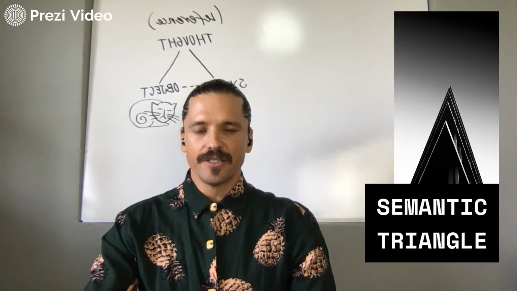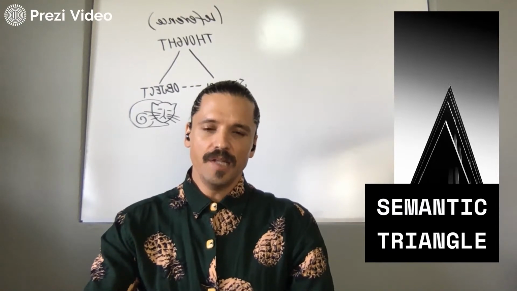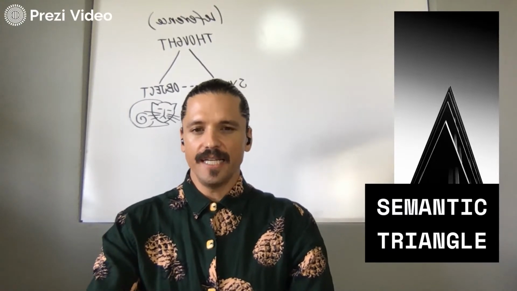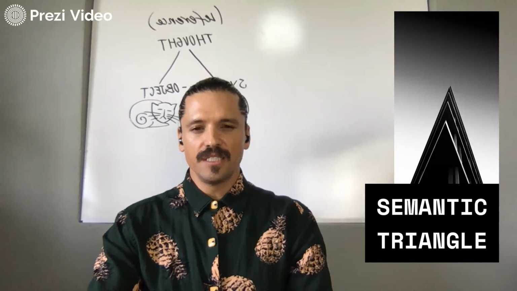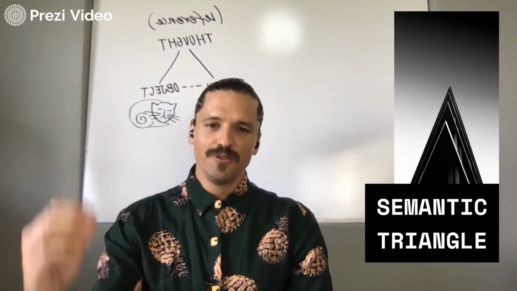So behind me is one of my favorite models. Like all models, models are reductive. And so we're reducing some complicated ideas and theories into a simplified visual format. Language functions similarly. We're reducing a feeling to a model, and that model is the symbol or the word.